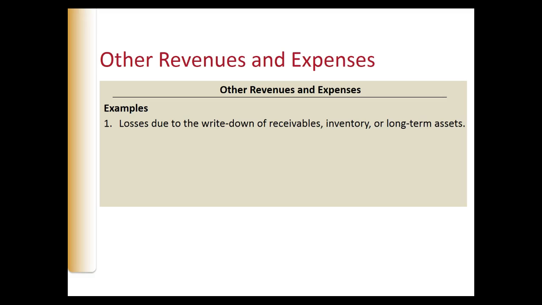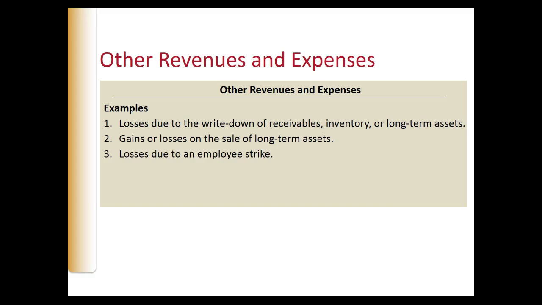Now, the sale or disposal of a significant component of a company's business, which is a component that has a major effect on the company's operations and financial results, is recorded as discontinued operations. However, the sale or disposal of most assets is reported not as discontinued operations, but rather as other revenues and expenses.